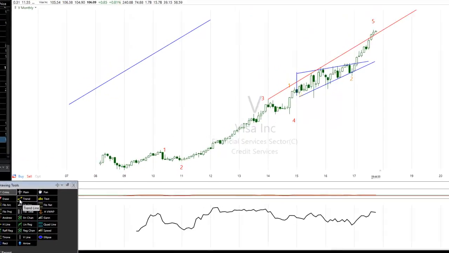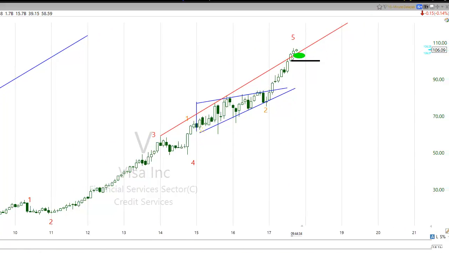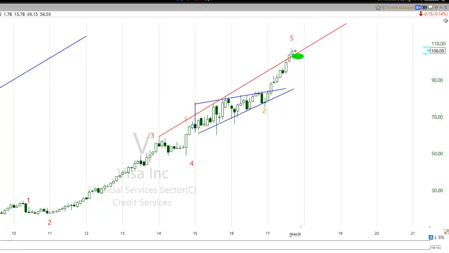So in my humble view, if we're going to have the fourth manual wave of the fifth wave, it will happen somewhere in this zone, i.e. price forming one of those candlestick bars, forming a tail to pierce through that trend line here, which is not easy. This is the challenge that we face.